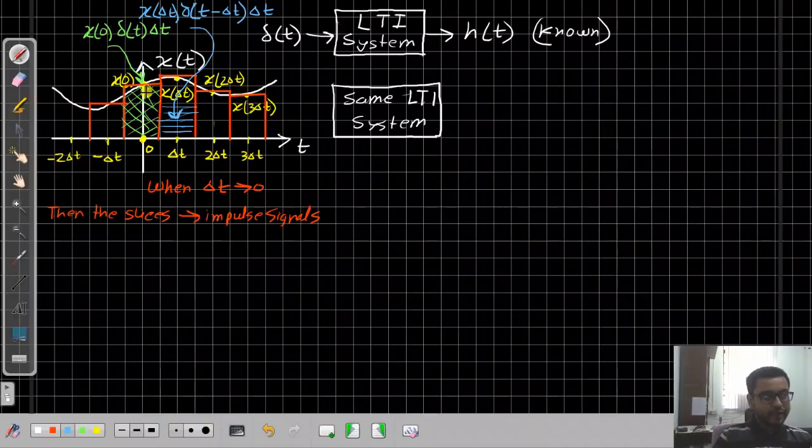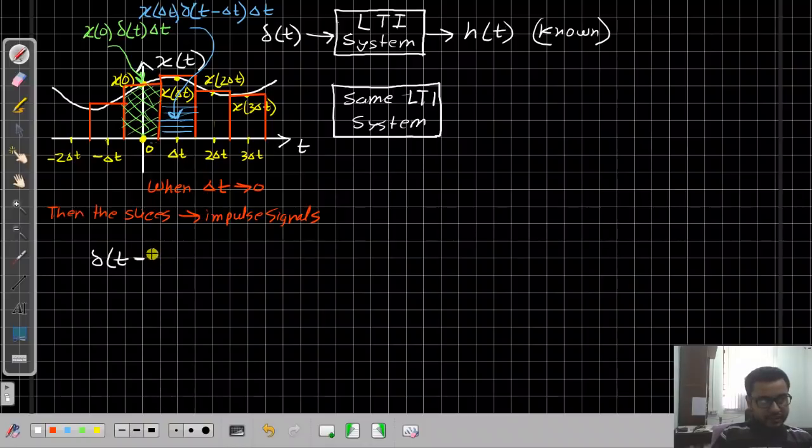Okay, this way I can write all other slices as some form of impulse function. They will be like this: delta t minus the time delay, like delta t or 2 delta t or 3 delta t, that is the center of these slices.